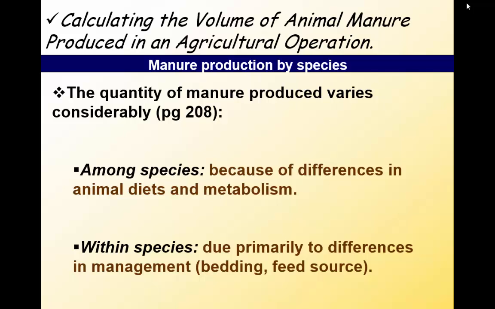So up here among species is a cow versus a chicken. One cow versus one chicken are not going to produce the same amount of manure, and it's not going to have the same nutrient content. So there's a difference. And then within species, what they're saying here is if someone beds with sawdust versus straw, you're going to have a difference in the nutrient content and the type of manure you have.